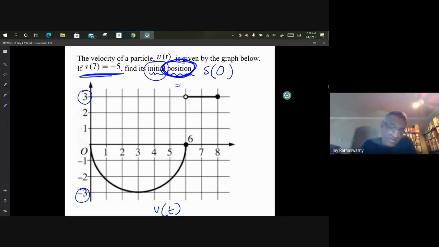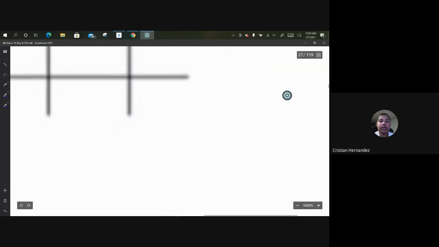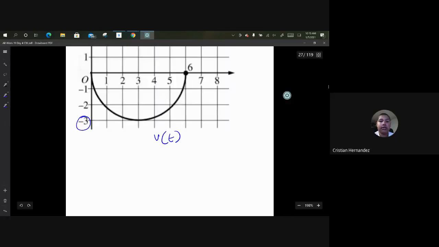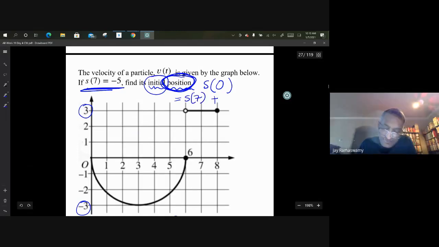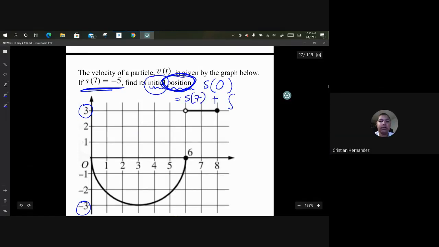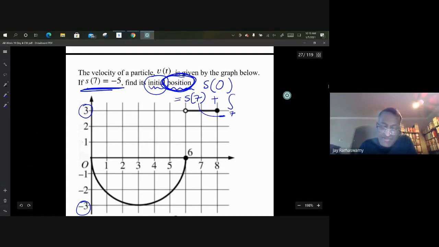Okay, Mr. Hernandez, what are you writing? Would it be S of 0 equals S of 7 plus integral 0 to 7? 7 to 0. Observe the lower limit, observe the pattern. It's tempting to write 0 to 7.